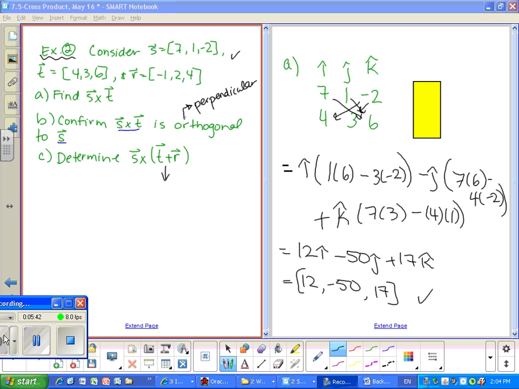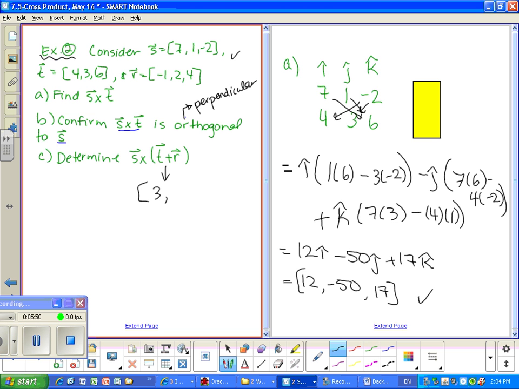So if you just have to add those, you add your t components, so your x's, 4 plus the negative 1, which is 3. And then the y components, 3 plus the 2 is 5. And then 6 plus 4 is 10. So you have that vector. And do you have your s vector? Can you do the cross product? So what you should have gotten as the answer is 20, negative 76, 32.